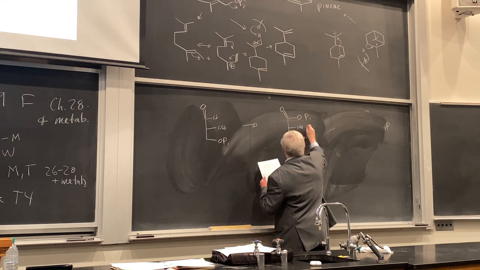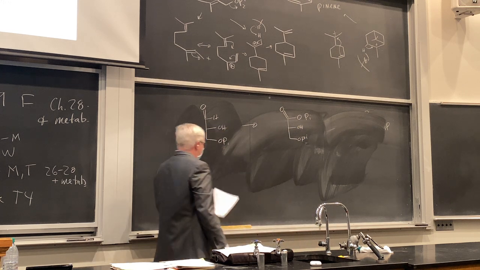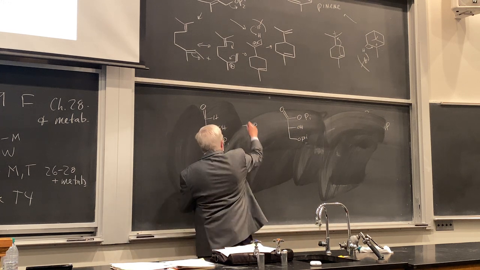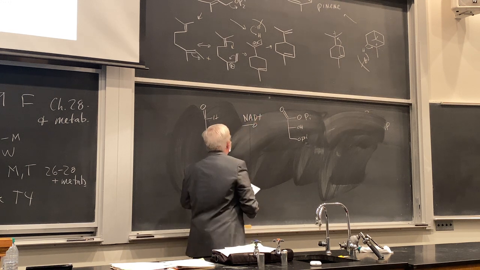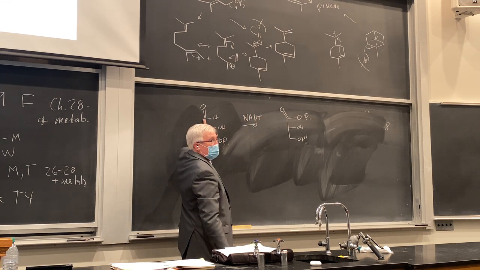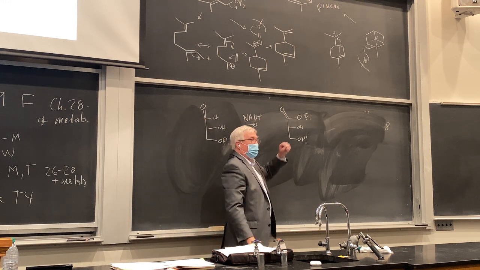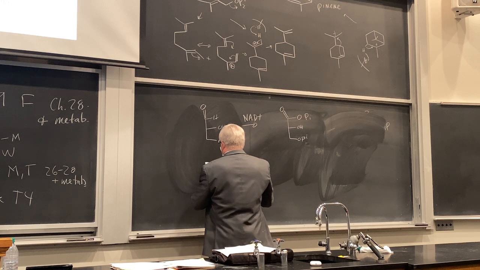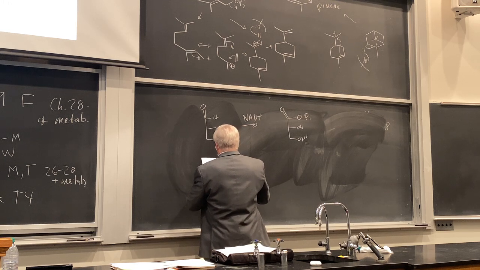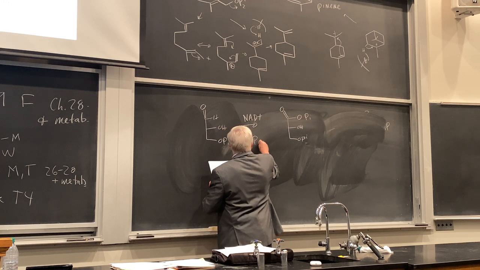Now there are a couple of cofactors here, NAD plus, which makes sense. We need to oxidize this aldehyde to the carboxylic acid. And we also have inorganic phosphate here.